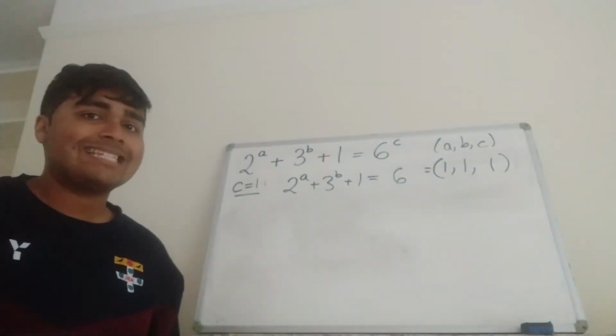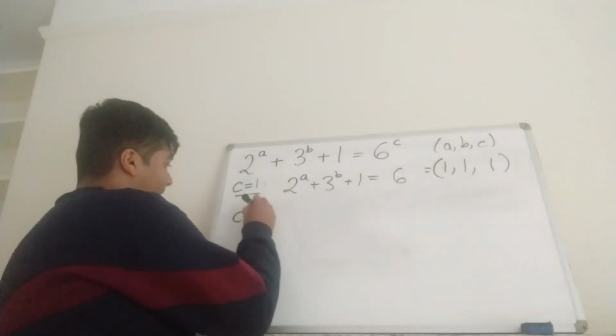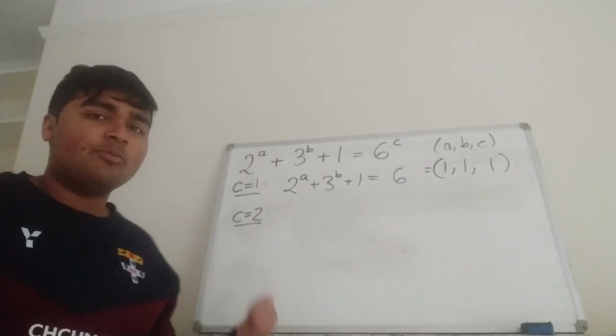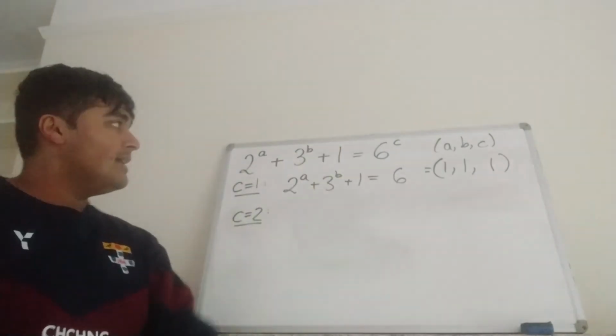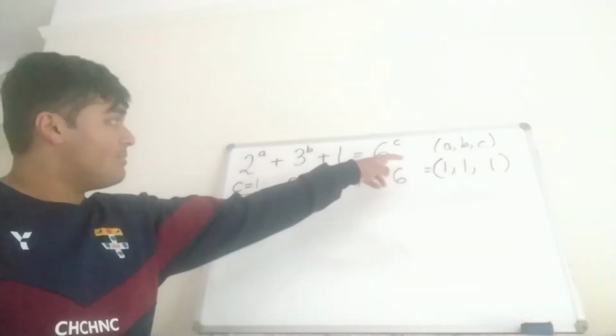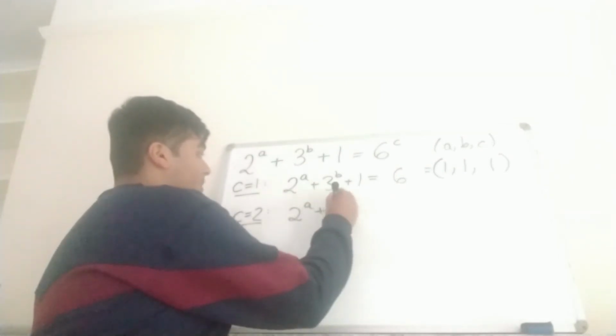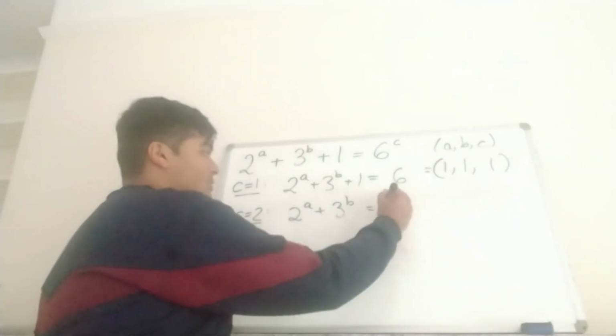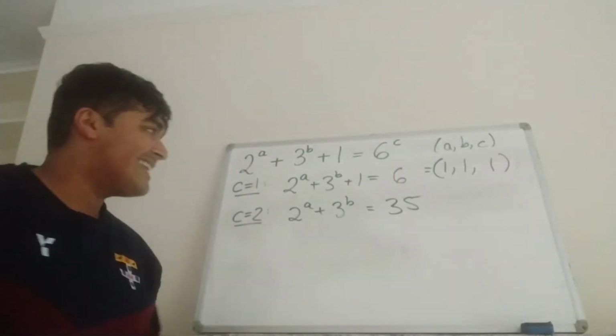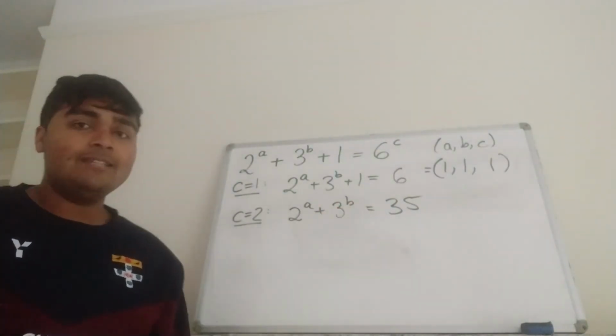Now let's look at the case c equals 2. Well, in this case, we probably have a bit more to deal with, but let's plug that into the equation at the top. So 6 to the c is just 36. So 2 to the a plus 3 to the b equals 36 minus 1, which is 35. And again, we're going to do the same trick. Let's look at b.